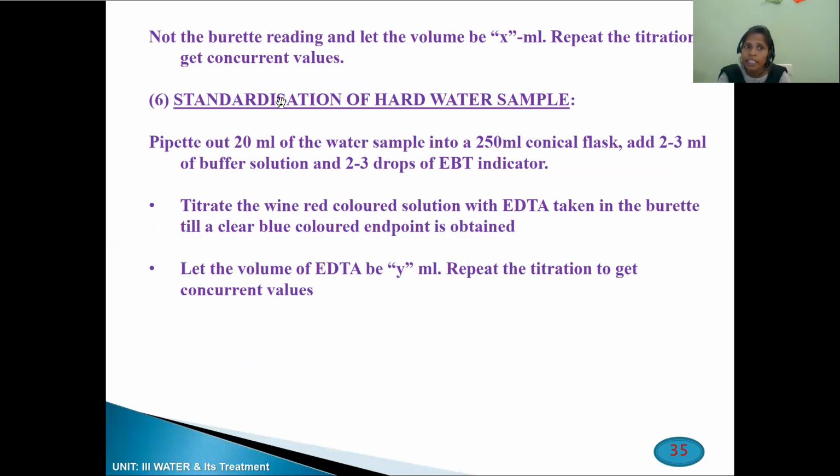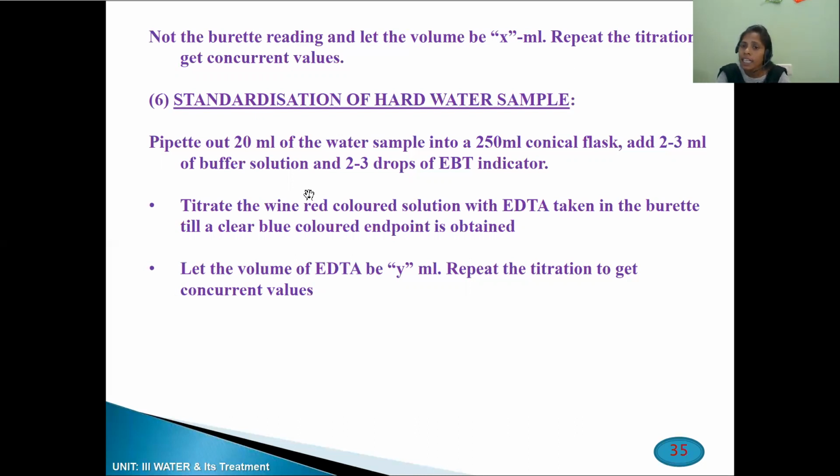Repeat the titration to get concordant values. We have to do this process until we get the same reading; two continuous readings should be the same. When we get two continuous readings, let us assume that end point as X ml.